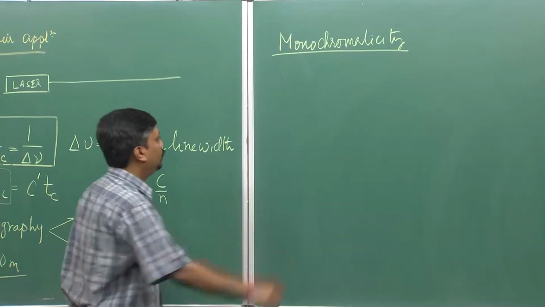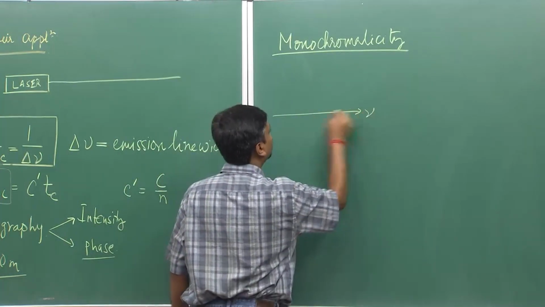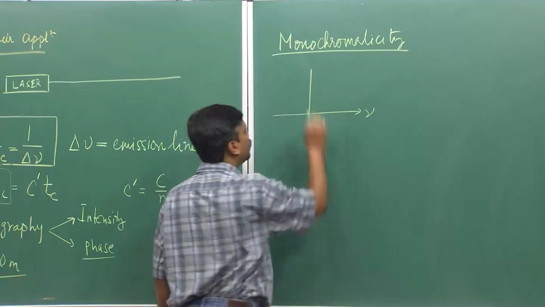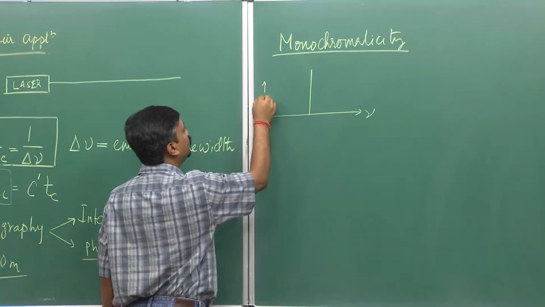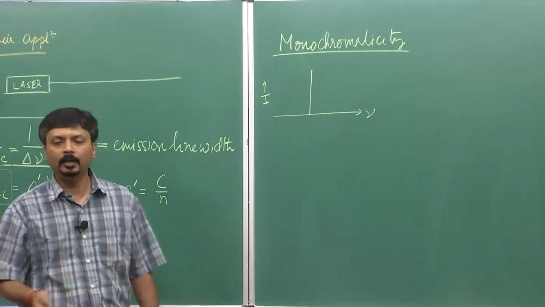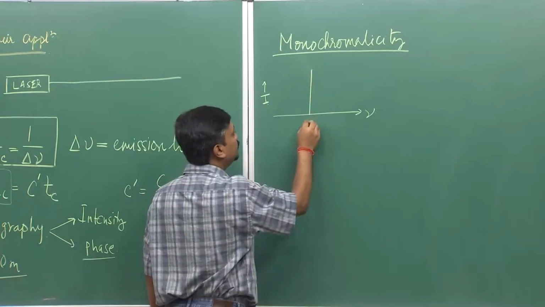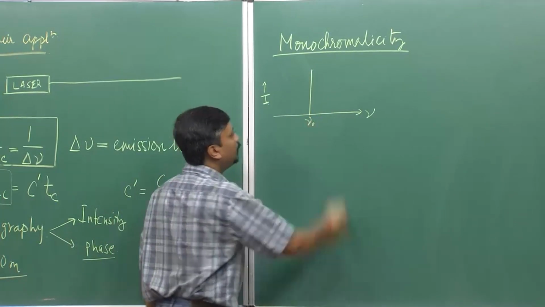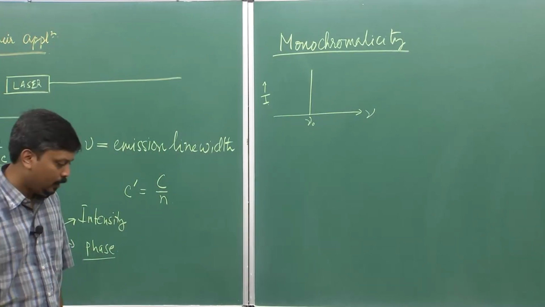So, what does that mean? If the intensity goes in this direction and the frequency or the wavelength goes along the x axis, then this is the corresponding frequency of the laser, and this is almost like a line.